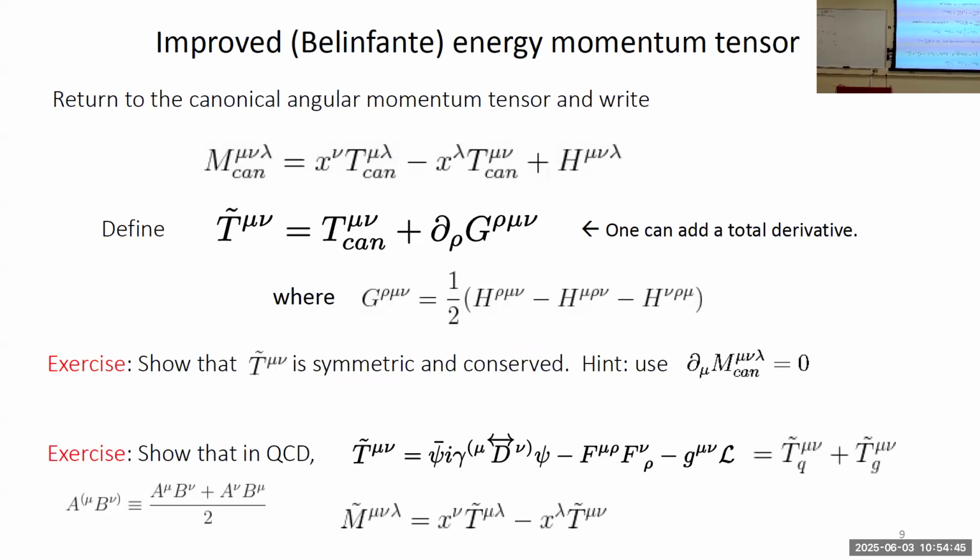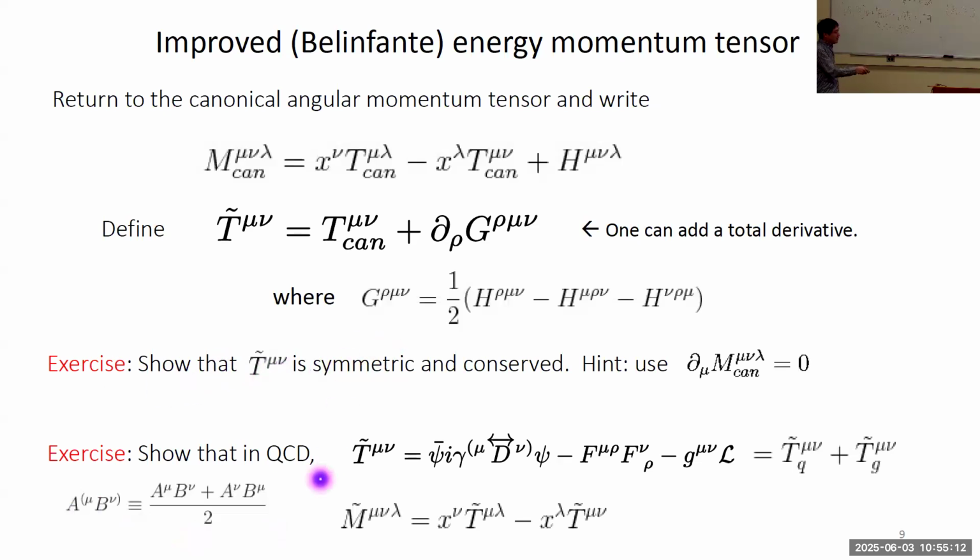And this bracket in the mu nu indices is a symmetric product defined like this. And so this is T tilde, an improved energy momentum tensor, and this is an improved angular momentum tensor.